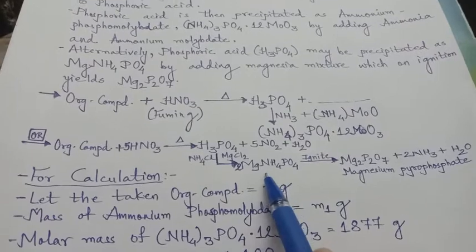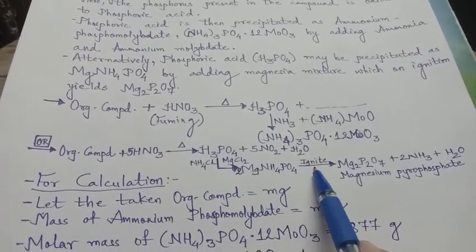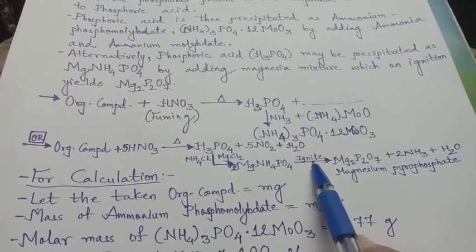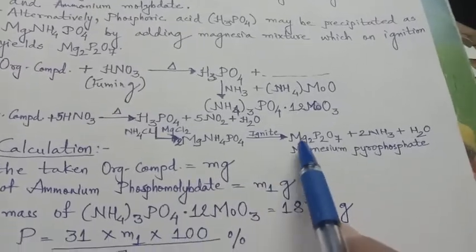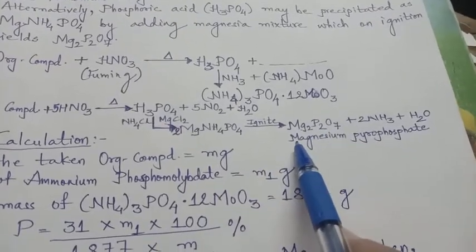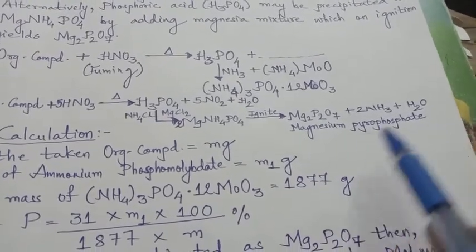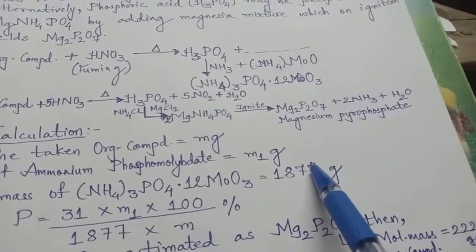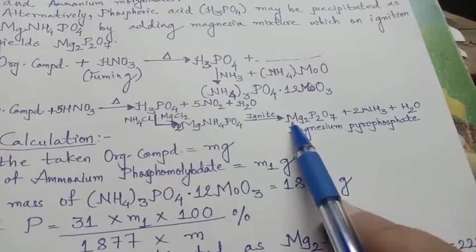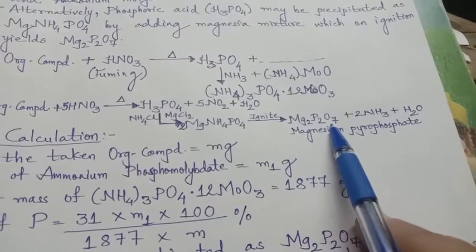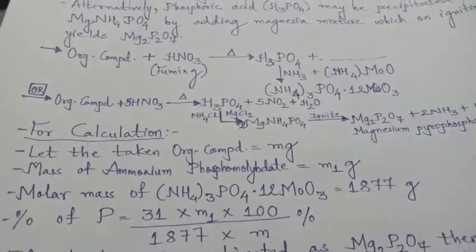This magnesium ammonium phosphate is ignited, and on ignition it gives Mg2P2O7, magnesium pyrophosphate, and ammonia and water are liberated, right?